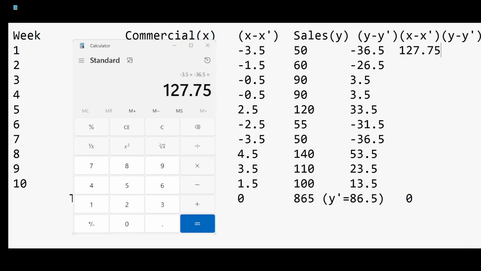Next, negative 1.5 negative times 26.5 negative equals 39.75.